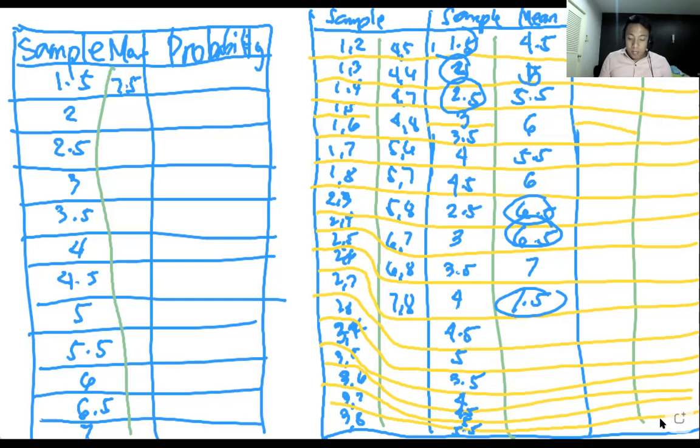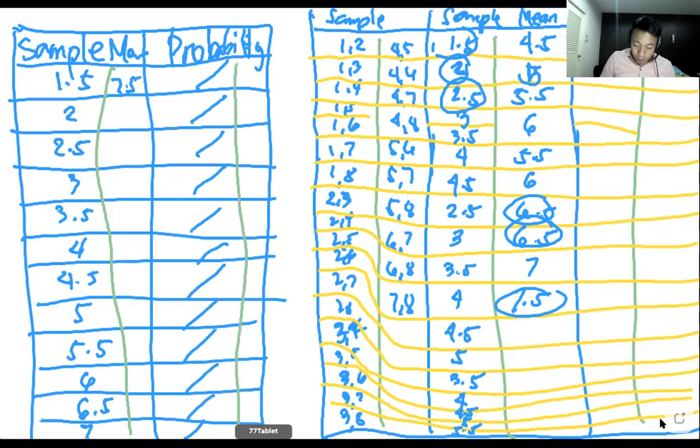Now, let us find the probability. What is the probability of 1.5? Let us first count how many numbers, or how many samples, we have. 1, 2, 3, 4, 5, 6, 7, 8, 9, 10, 11, 12, 13, 14, 15, 16, 17, 18, 19, 20, 21, 22, 23, 24, 25, 26, 27, 28.